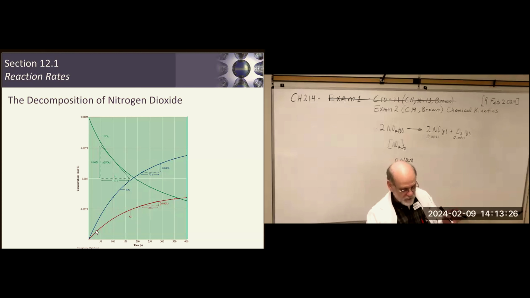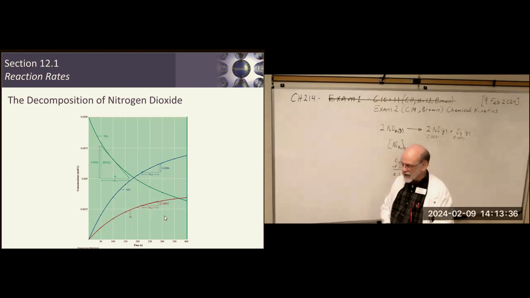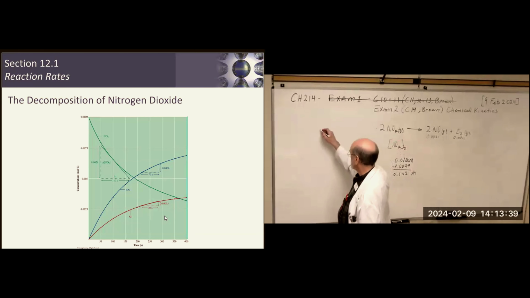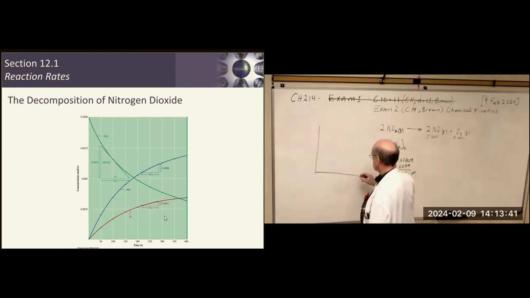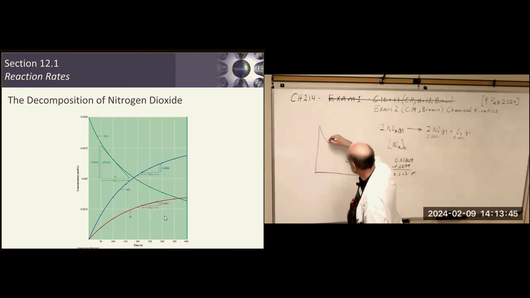As we proceed, we find that the NO2 decreases and the NO and the O2 increase. But if we look at the reaction rates, let me see if I draw this right, this is NO2.